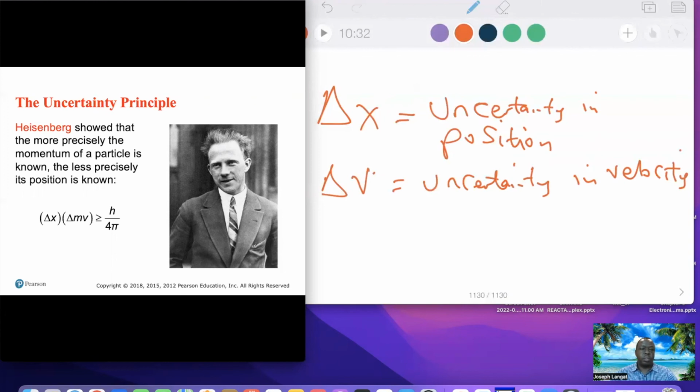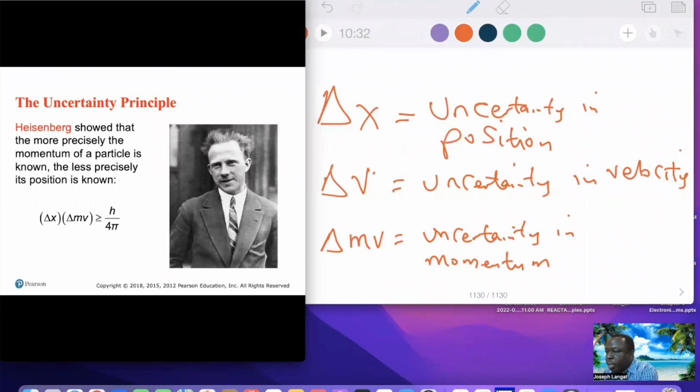And by the way, this is change, uncertainty in momentum. Mass times speed is momentum. Mass times speed is momentum.